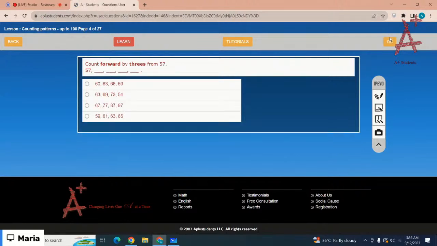Count forward by threes from 57. So which is the correct option?